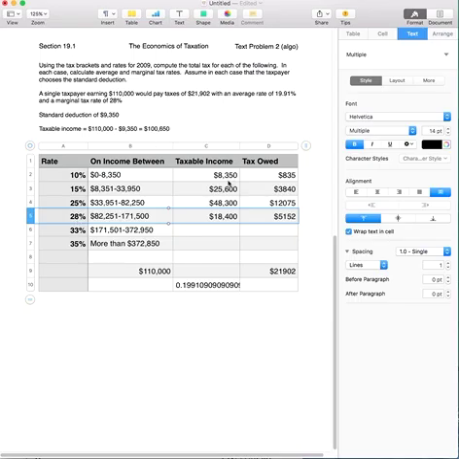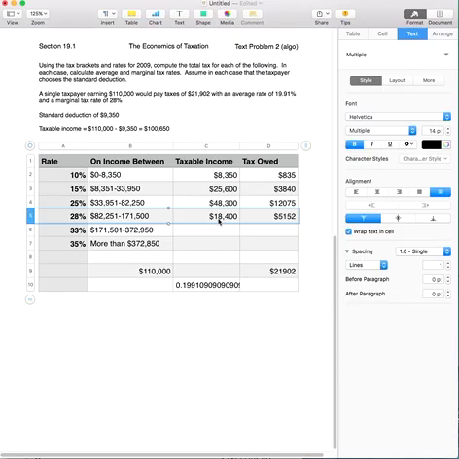Then you need to figure out how much taxable income falls in each bracket. For the brackets before the marginal tax rate, it's going to be the maximum amounts. So for the 10% one, it's going to be the upper threshold. For the 15%, you subtract off that upper threshold from this upper threshold to give you the amount of money that falls in this bracket. And you keep doing that until you get to the final bracket.